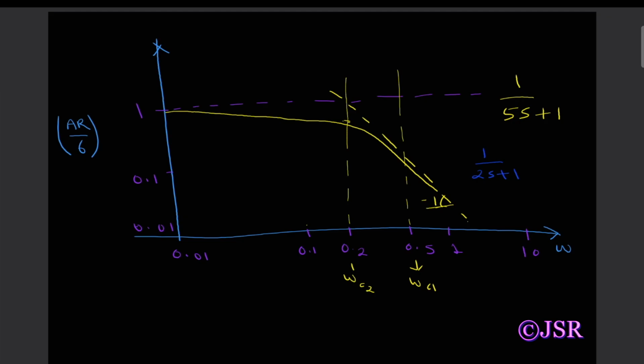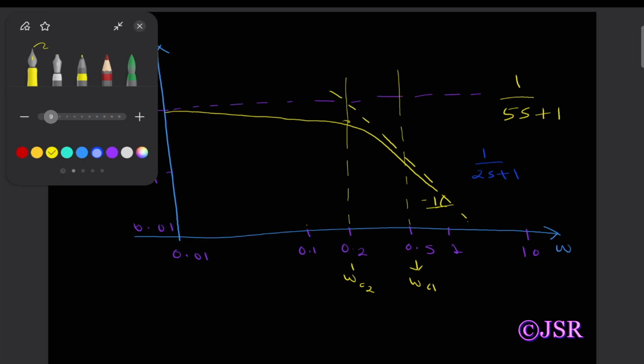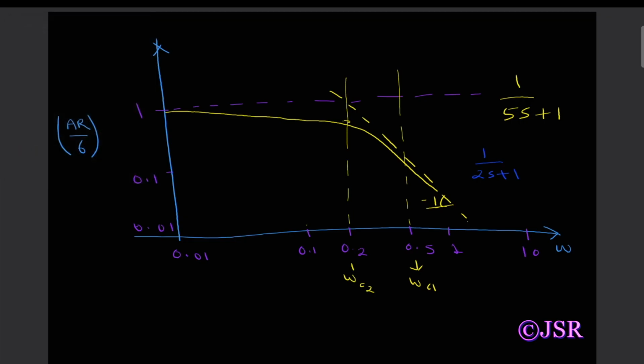and for the another first order system, the high frequency asymptote will pass through omega c1, and here again we will have the slope of -1. So the line will be parallel to this one.